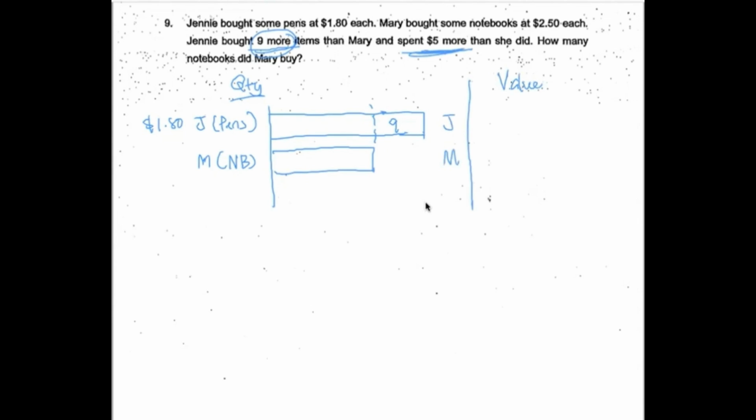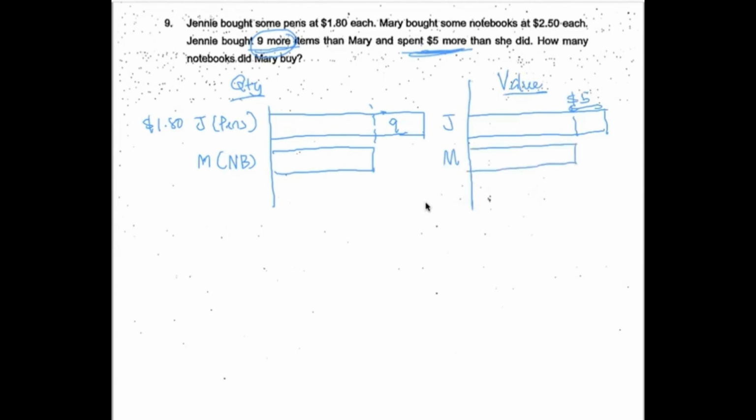So I'm going to draw Jenny's spending as $5 more than Mary.